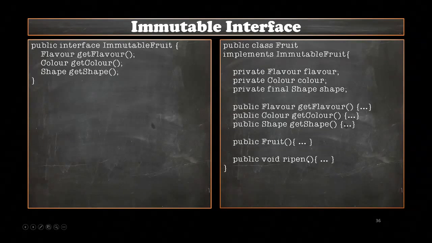That means that will change the state. Do you follow? So those implementing the interface have to make sure that none of the getters change the state, and only the ones that aren't in the interface change the state. That allows you to control which packages or where you return an ImmutableFruit as opposed to a Fruit.